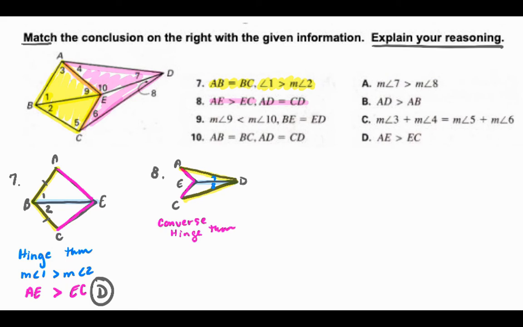So we have an inequality saying that AE is greater than EC. And when we go with the opposite, AE is the measure of angle 7, opposite EC is the measure of angle 8, and we use the same inequality. And this happens to be the statement in A.